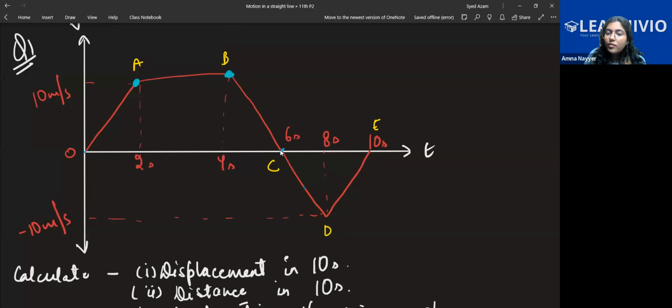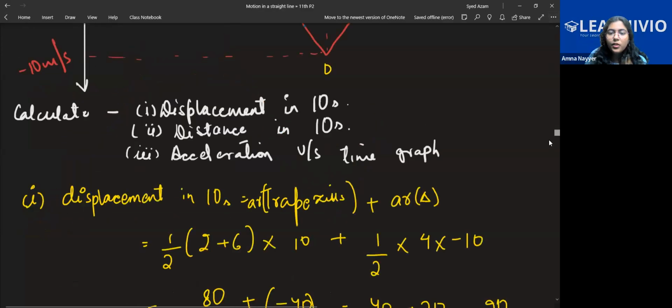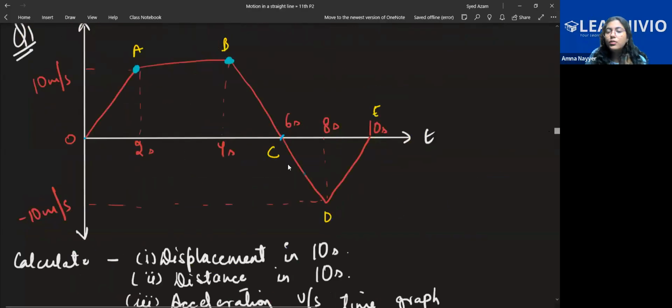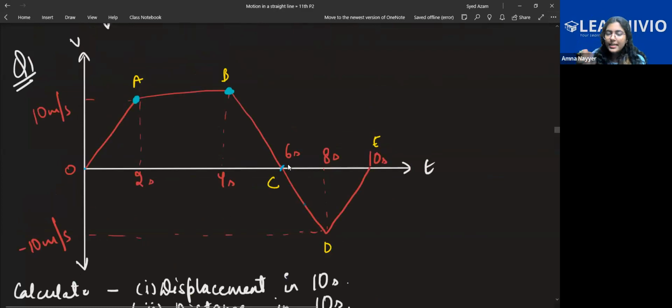So what kind of slope will we get? It is still a constant slope only, but with a negative acceleration, right? Velocity is decreasing. You are getting a retardation value. So for this part, you will have negative, from 4 to 6 seconds.